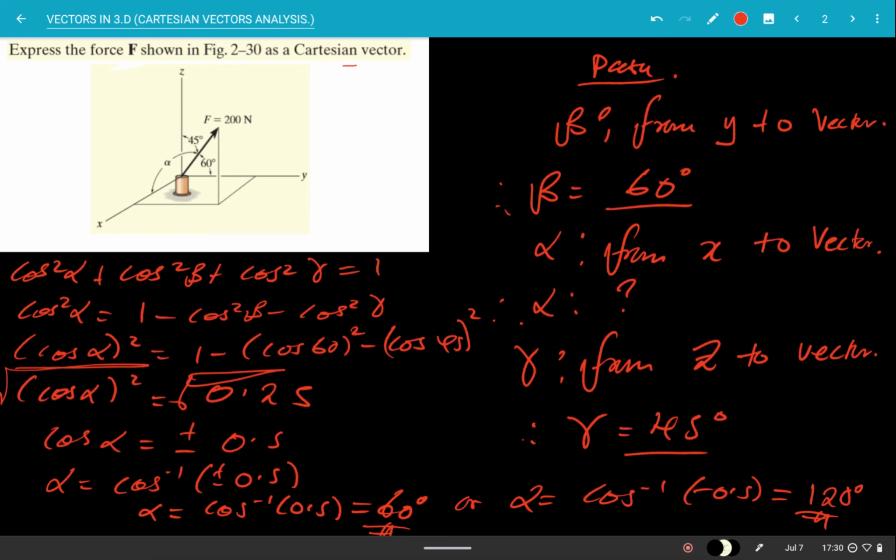Now why is that so? If you look at the position of your vector, it is in the positive octant. So if you look here, you're having your vector there. The x component is on the positive side, same thing with the y component, and the z is also positive.